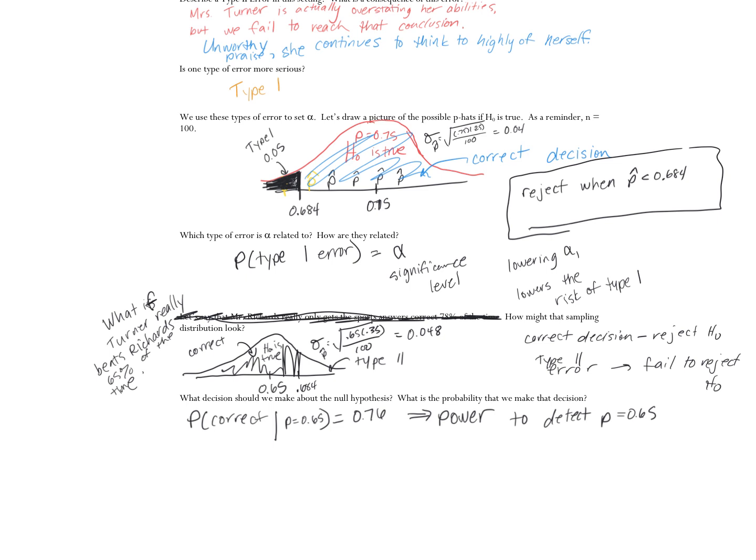You guys, if that's the case, what is the probability of a type 2 error? When you think about it, isn't a type 2 error that you fail to reject given that the alternative is true, that p is equal to 0.65?